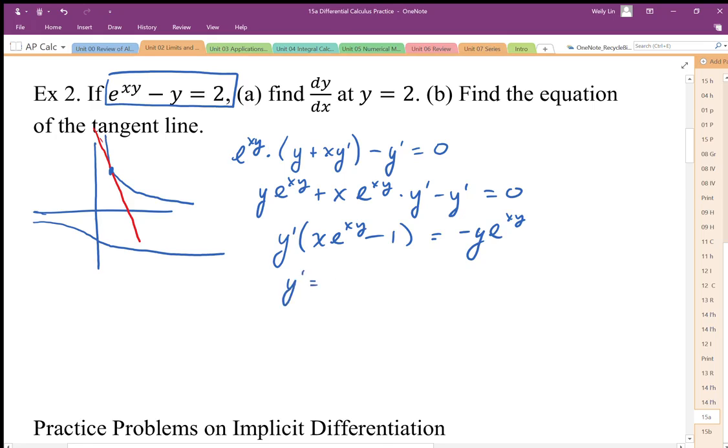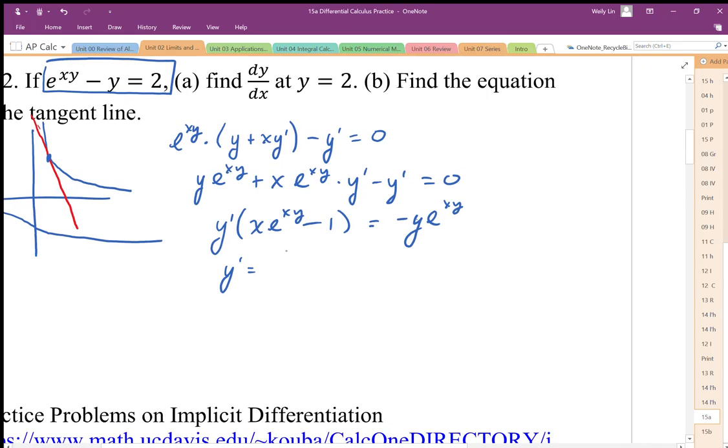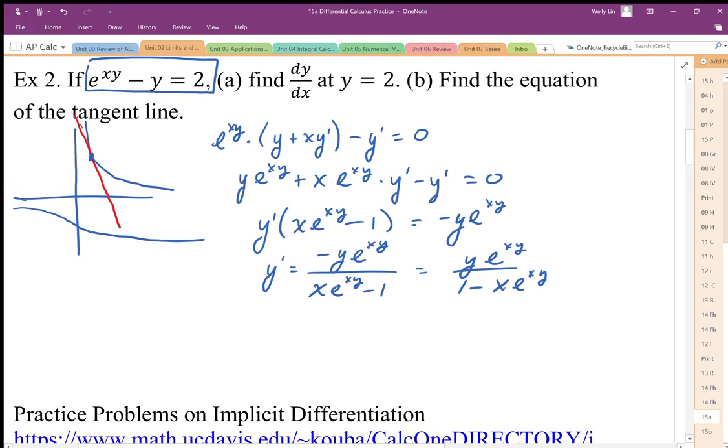Solving for y prime, I end up with negative y e to the xy over x e to the xy minus 1. Get rid of the negative, make this into y e to the xy, and then switch the denominator around. Okay, so either one of these will be fine to calculate the derivative.